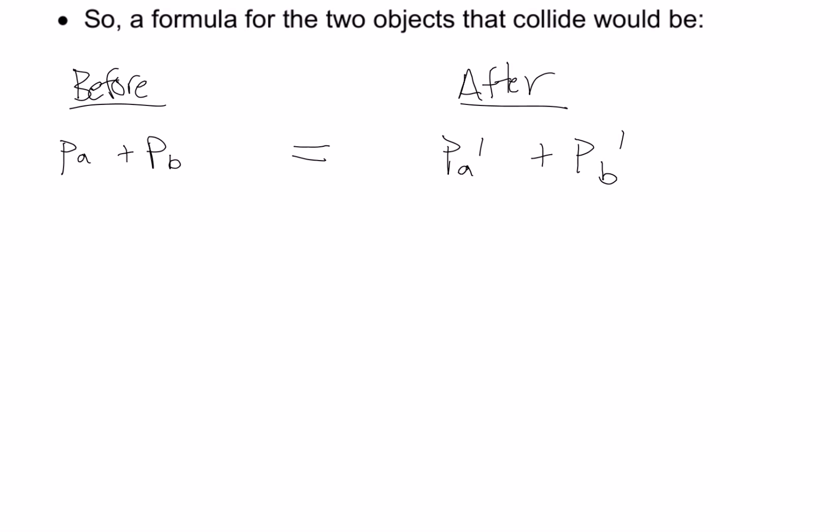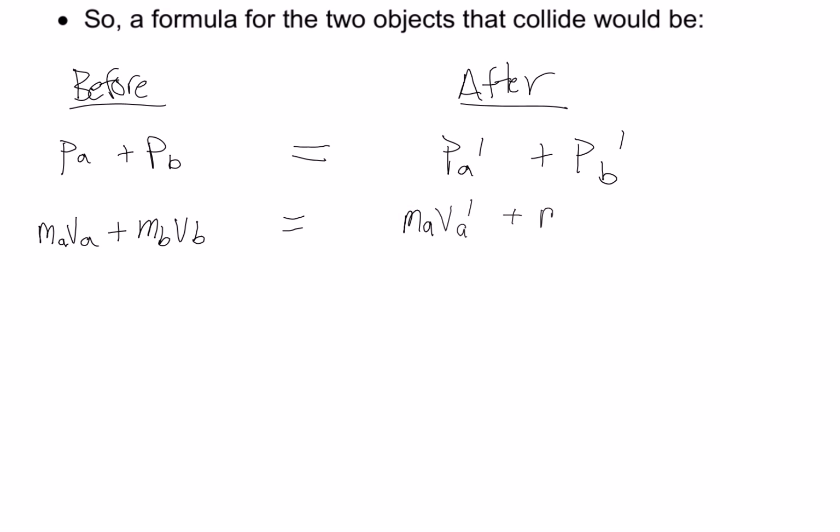We can break this down further if the question is dealing with masses and velocities. We could say the mass and velocity of object A plus the mass times velocity of object B has to equal the mass of A and velocity of A afterwards. The mass will stay the same, because we're typically not changing the masses, so the mass of A afterwards will be the same, and the velocity of A afterwards will be different.